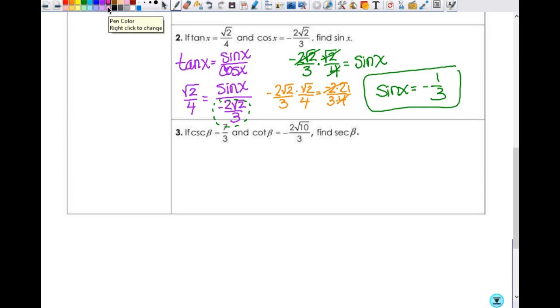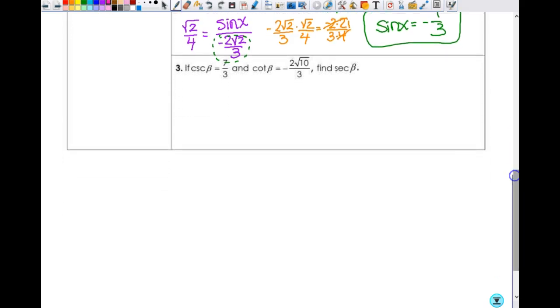I've got the cosecant of beta and the cotangent of beta, and I want to find the secant of beta. All right, well, here's what I know about the cotangent. I know that the cotangent of beta is equal to cosine over sine. Well, I don't have cosine or sine, right?